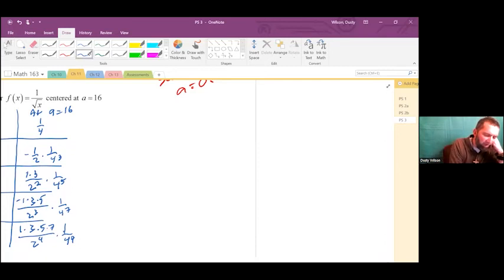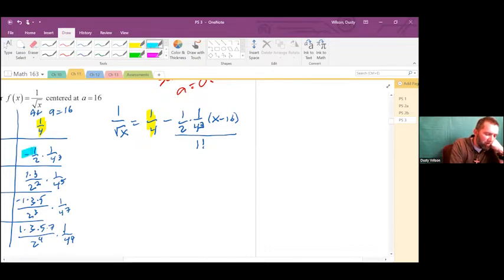What we're saying is that 1 over the square root of x is equal to 1 over 4 minus, and then we have a half times 1 over 4 cubed times x minus 16 all over 1 factorial.